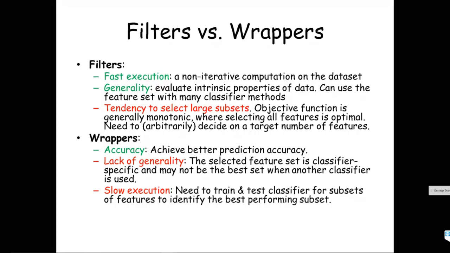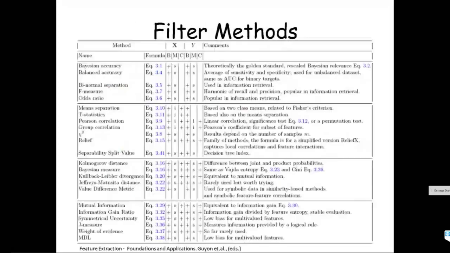So say if you are using support vector machine and you end up discovering that some of these features work well, those same features may not be the best features if we were to use, say, decision trees. So depending on your machine learning model, you have to rerun your wrapper to identify the best set that works for that particular machine learning method. Okay. All right.